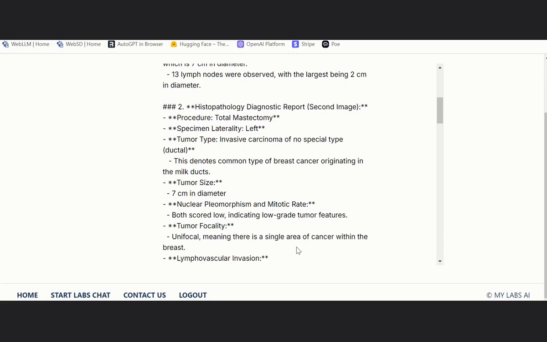So, looking at it with a non-trained eye, she having no medical training, the AI is explaining a lot to her that she might not just be able to pick up looking at that report and all those complex terms, which I'm even having difficulty pronouncing. But the AI is able to tell her that a single area of cancer was found in the breast, 7 cm in diameter.